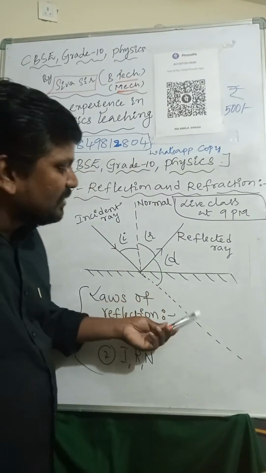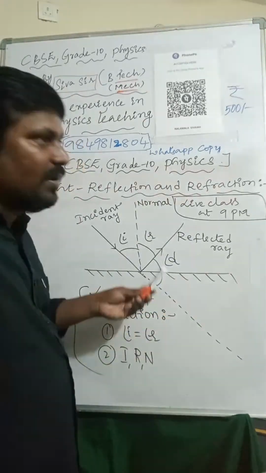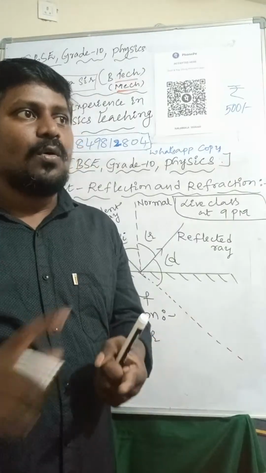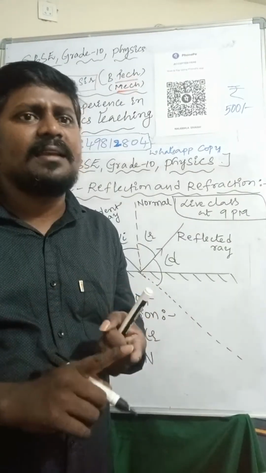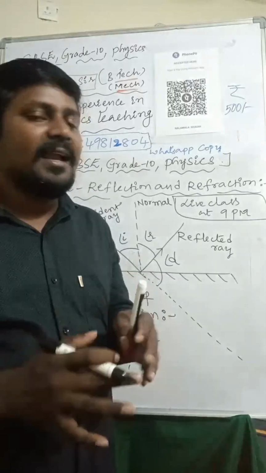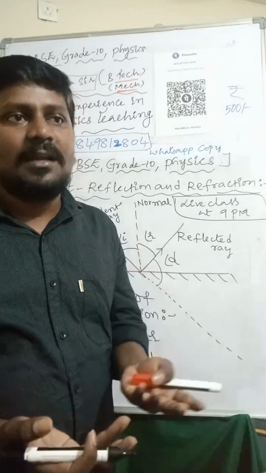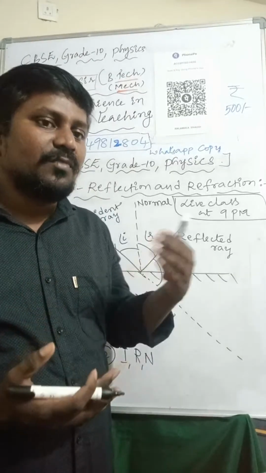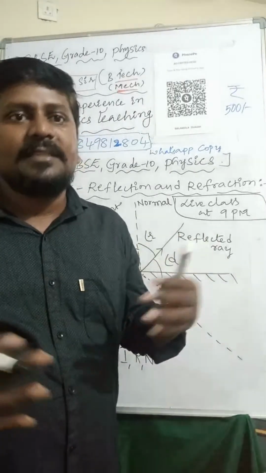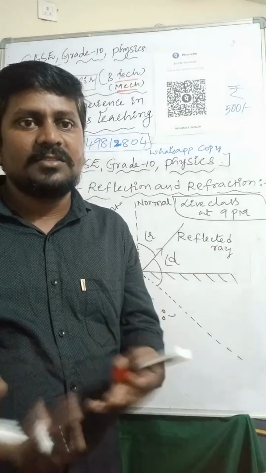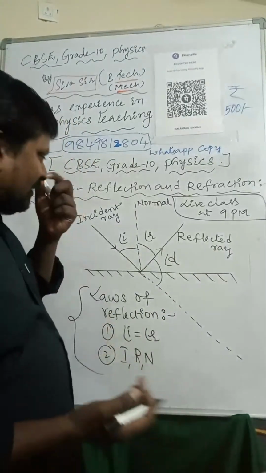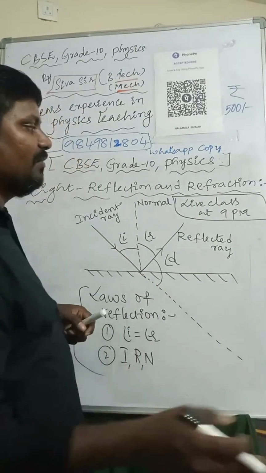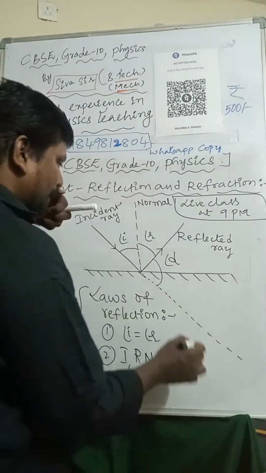Here the light ray does not deviate, because there are two types of medium, homogeneous and heterogeneous. In a homogeneous medium, the path of the light does not change. In a heterogeneous medium, when light enters from one medium to another, the path and direction of the light change.